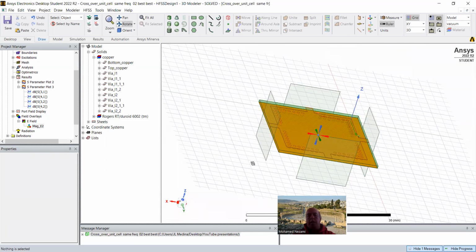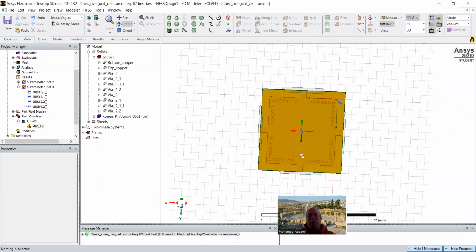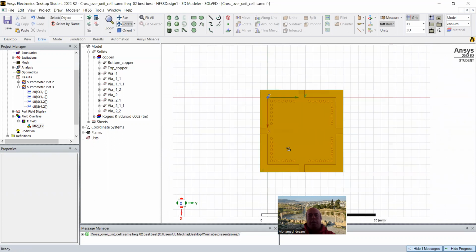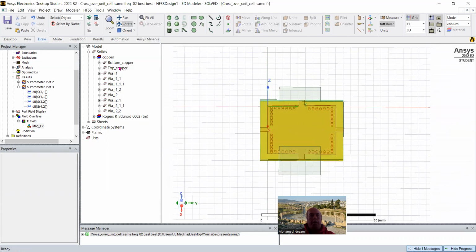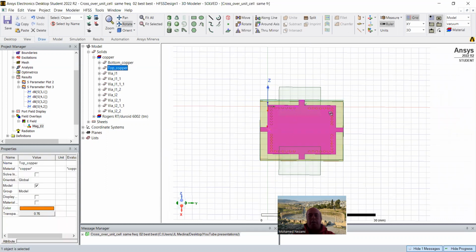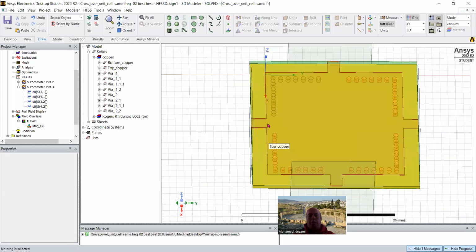This is a single layer of Rogers 6002, and what I've got is a square patch on top. That's the top right here, and it is surrounded by vias, and the vias are cleared right where the inputs and outputs are on these sides.